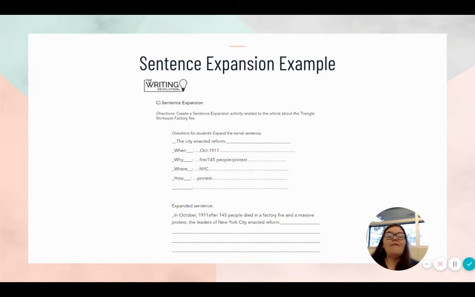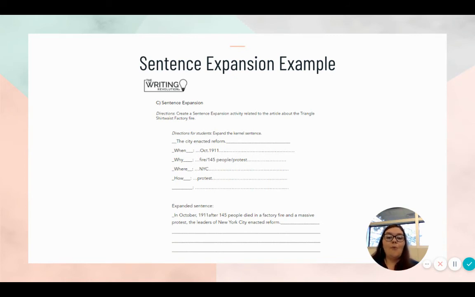So I gave them the kernel sentence: the city enacted reform. That's a complete sentence. However, it doesn't tell me much. If a student were to write that, it's not truly showing me that they truly understood what they read. So I would ask them some questions.